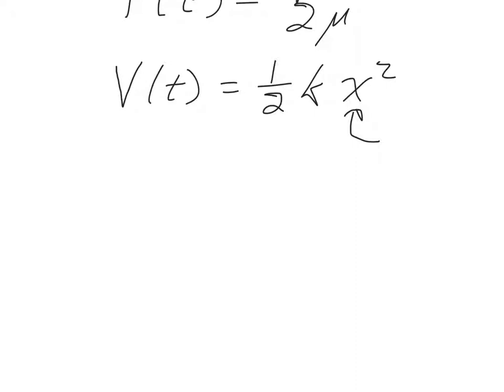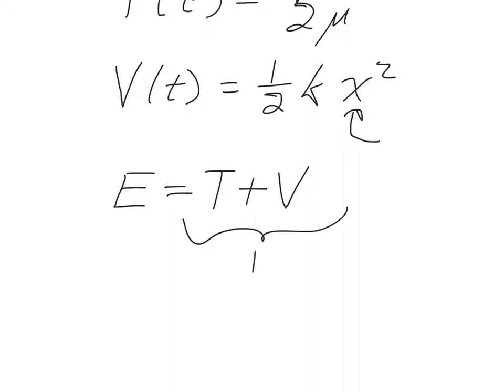And then we will write total energy as a function of time. Add these two together, E equals T plus V. And you should find that this is a constant. And to do that, you might have to use a very commonly known trigonometric identity.